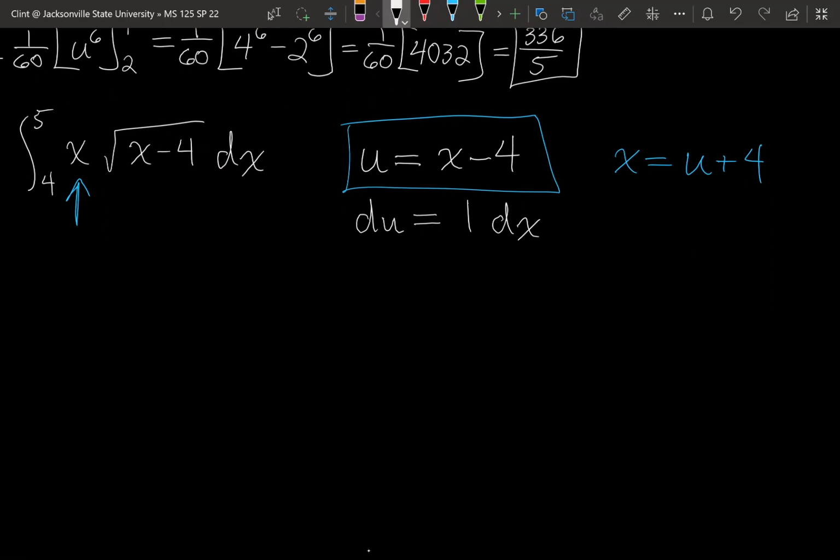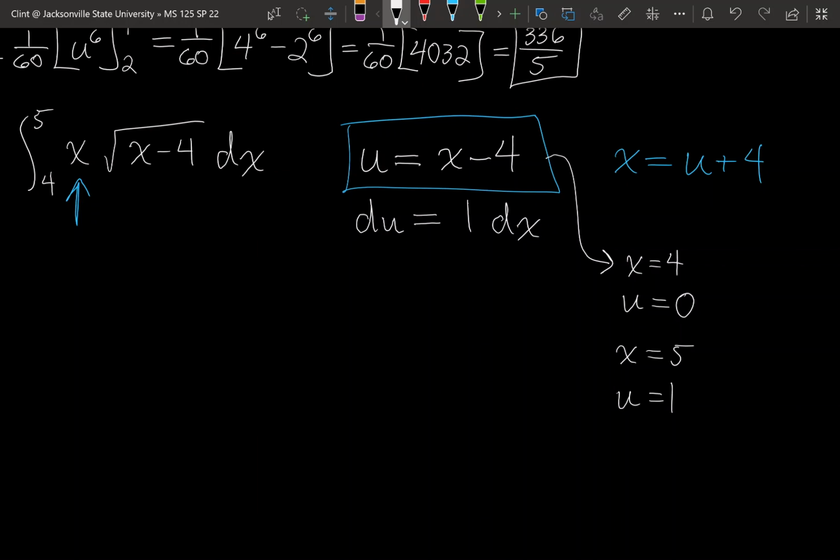And then also we can change our limits of integration. So when x is 4, u would be 0. And when x is 5, u would be 1.